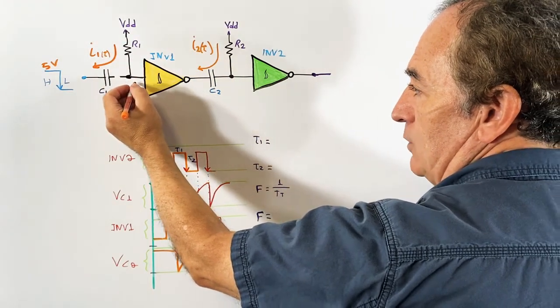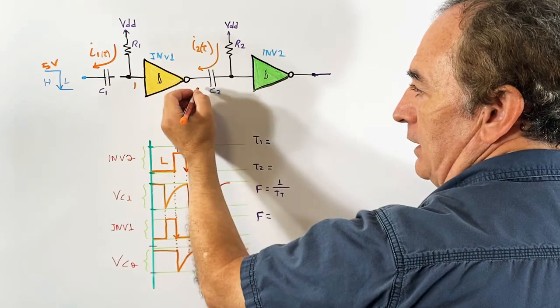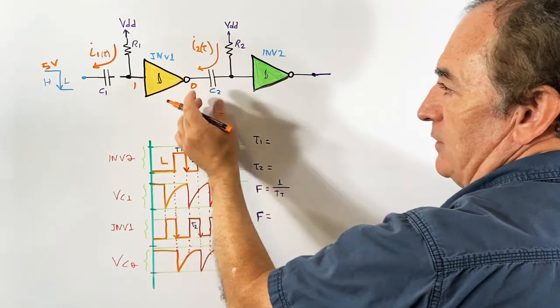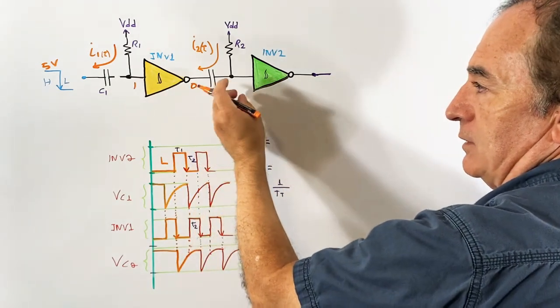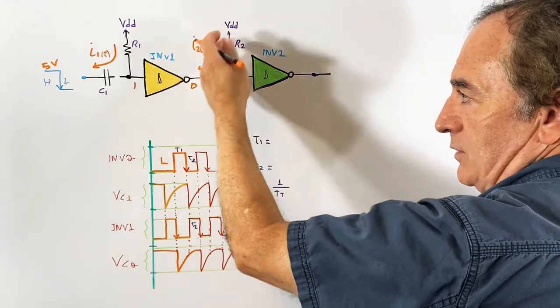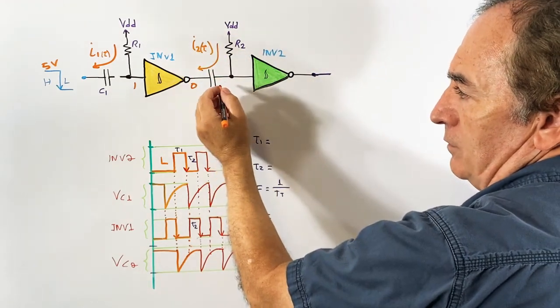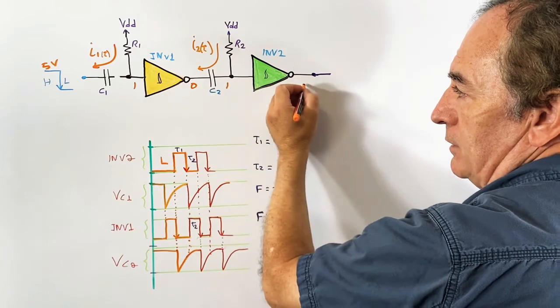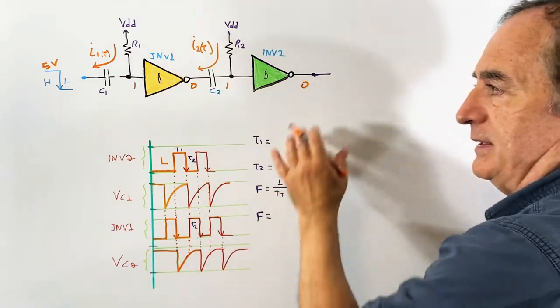So this will be a logic 1 and this will be a logic 0. Because this is in logic 0, the capacitor is already charged thanks to this current. So because it is charged, it's logic 1, and right here you have logic 0. This is the initial state.